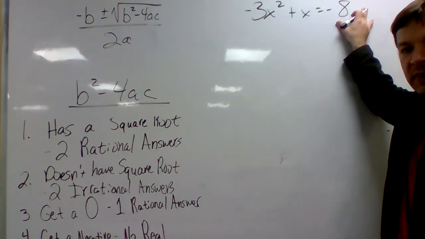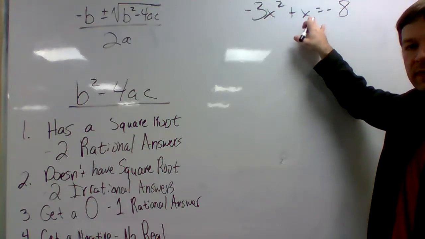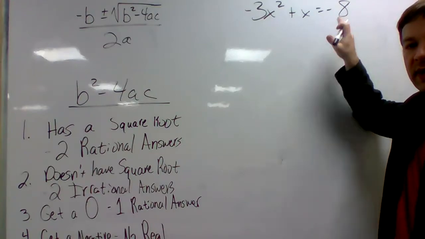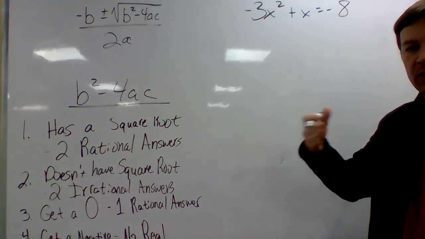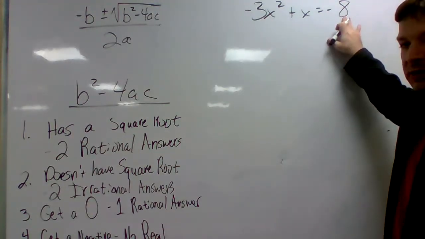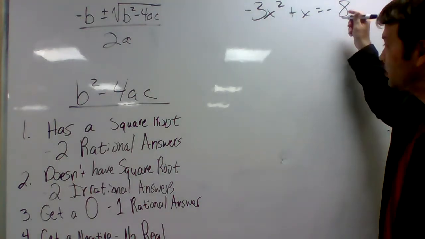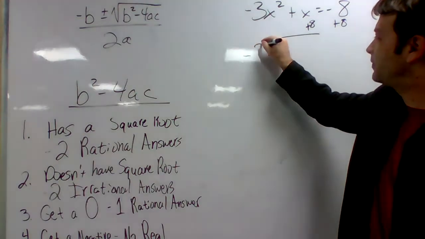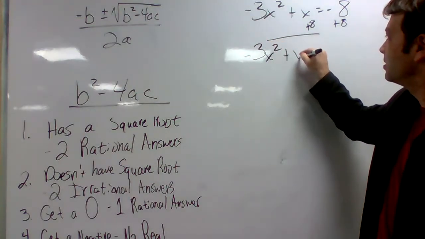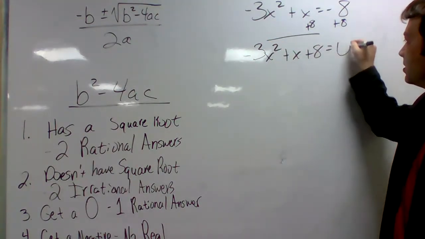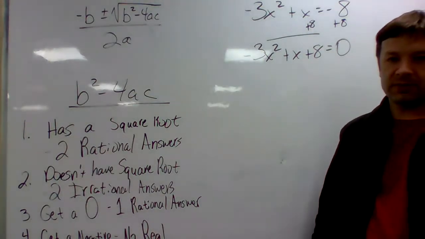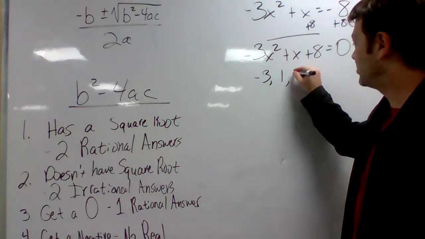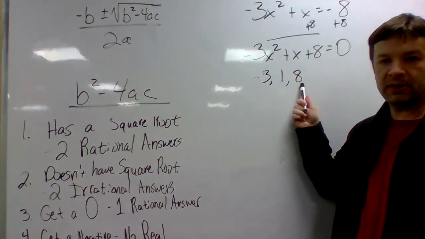If you remember that trick from last week, we need to move this over so there's a 0 over here and everything's lined up. So how do I get rid of -8? I add 8. So it's -3x squared plus x plus 8 equals 0.